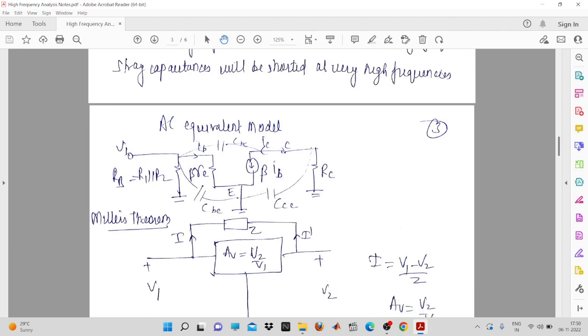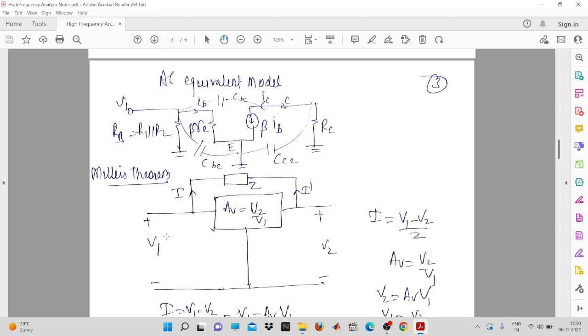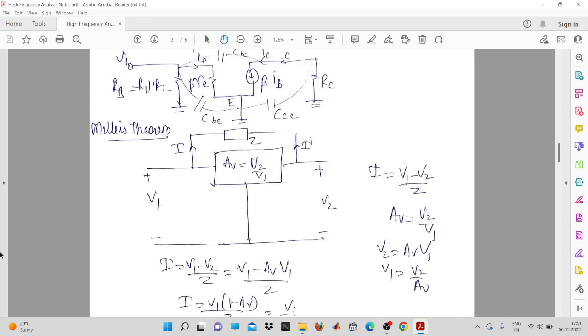Now, we have already discussed the Miller theorem, but in short, I would like to explain this again. Now you see there is a black box, and this black box will be having a gain of V2 upon V1. This is the input port, there is the output port, and the impedance is connected between these 2 points. If I want to split this impedance into two components, how am I going to write? You just indicate one current.